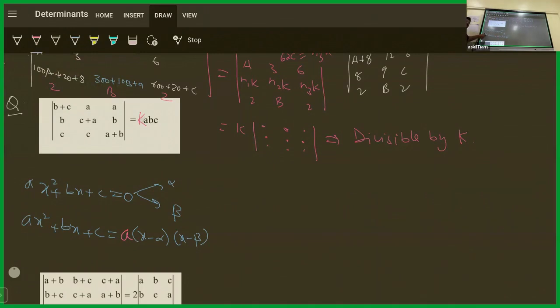Because if you see the coefficient on the left hand side, you know that now we have transformed this equation into an identity, like x plus a whole square or a plus b whole square. So whenever we are talking about an identity, let's suppose x plus 1 whole square, we know it is x square plus 2x plus 1.